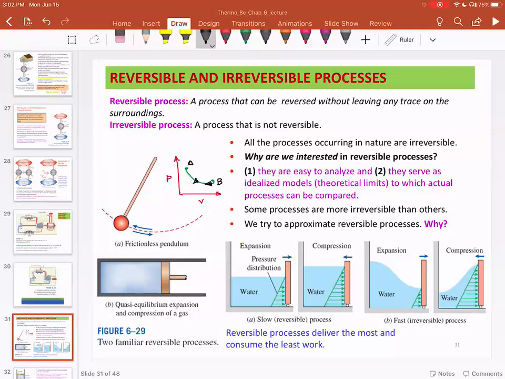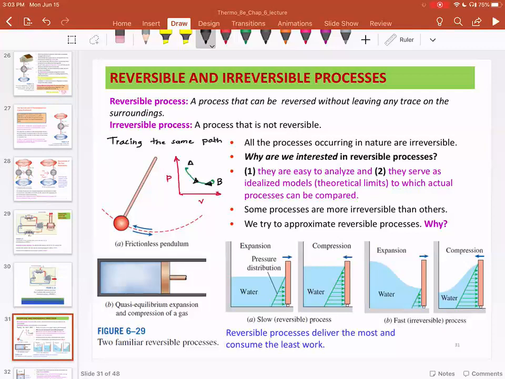Please note, you are tracing the same path. So this is very important. You are tracing the same path.